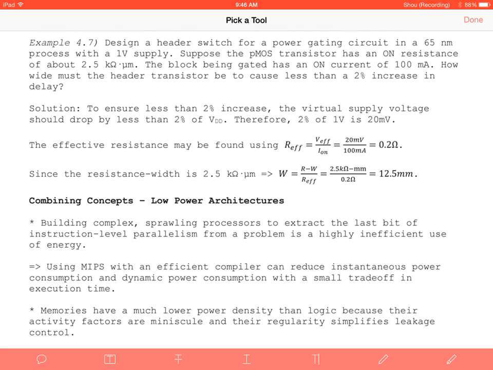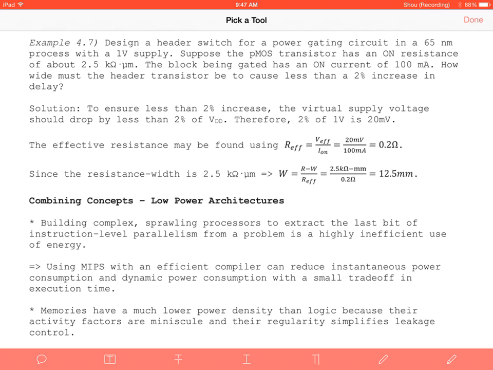In the problem, we also know that our on resistance for the PMOS transistors, which we use for the power gating, is 2.5 kilo ohm micrometers. So our width is going to be kilo ohm micrometers divided by our effective resistance, and that's when we get our width.